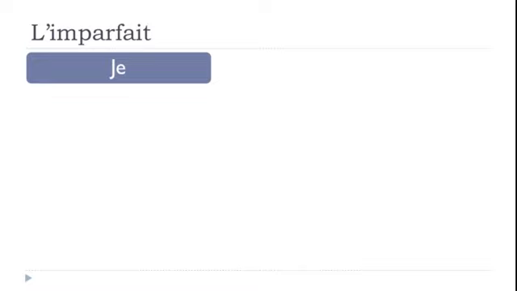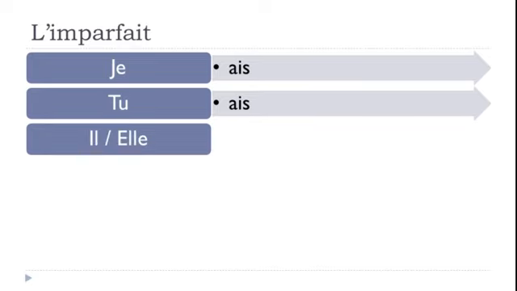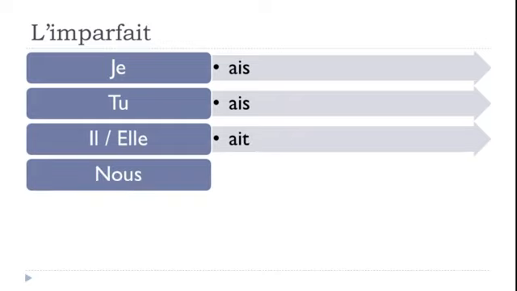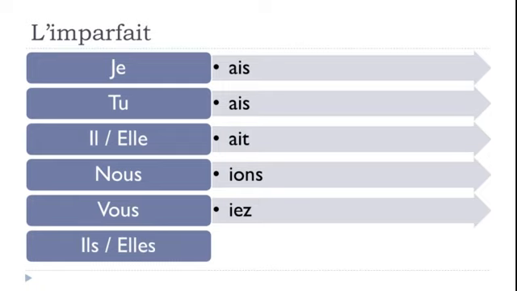And they will be like for je, AIS, for tu, AIS, for il or elle, AIT, for nous, IONS, for vous, IEZ, and for ils, elles at the plural, AIENT.